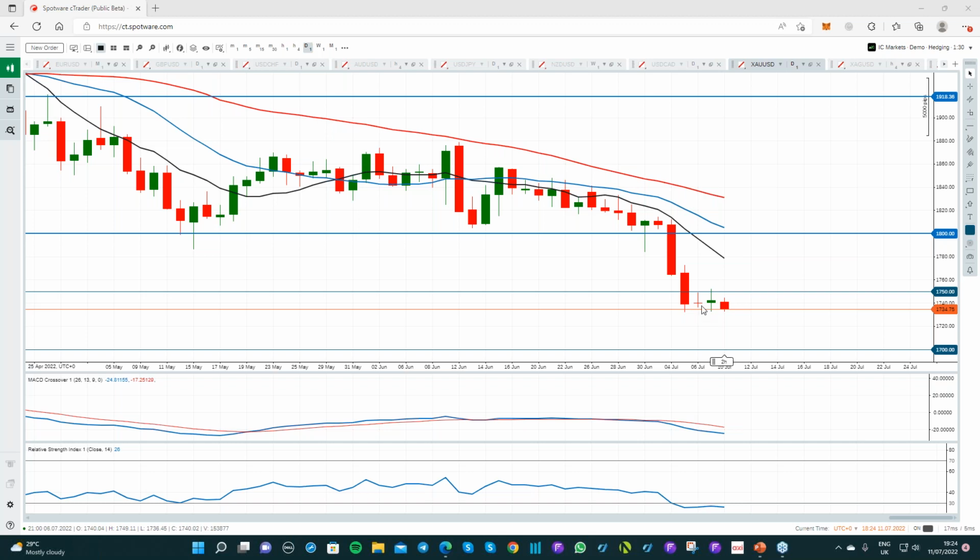So I'm going to place a sell stop order beneath the candle with my stop loss above the high. It's a sell stop order that I want because I want price to come down through the bottom of the candle in order to enter me in and take me down towards this next support level at 1700. Hope that makes sense.